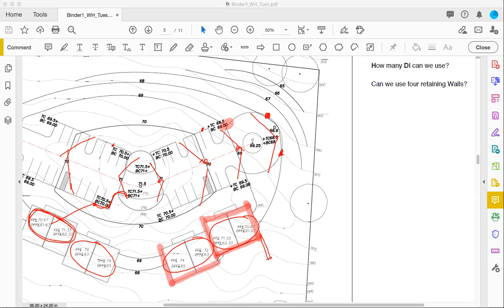Those FFEs do not vary between the 2 units. But realistically, when you look at townhomes, 2 townhomes next to each other are never level with each other. No, I meant that those will be the same. But this one, the pink one, can be different from the red one.